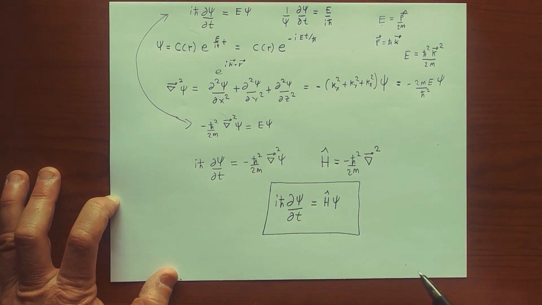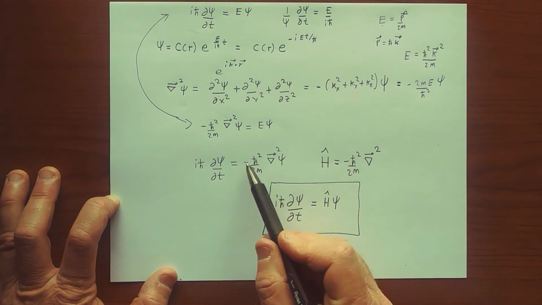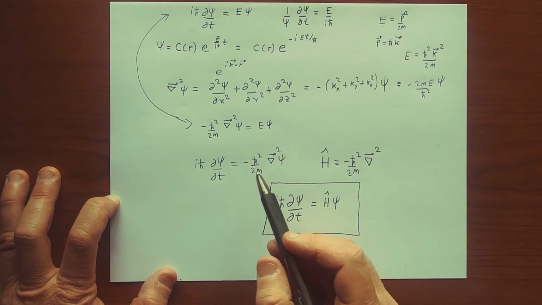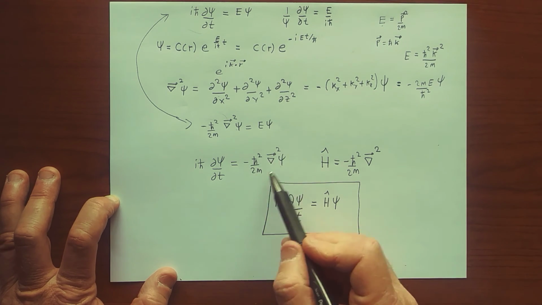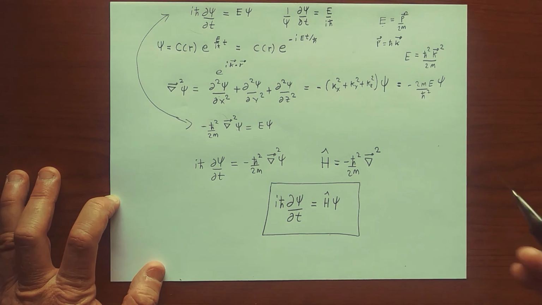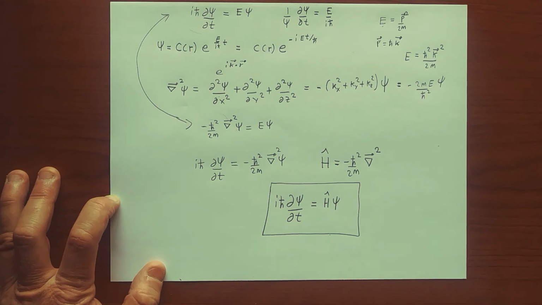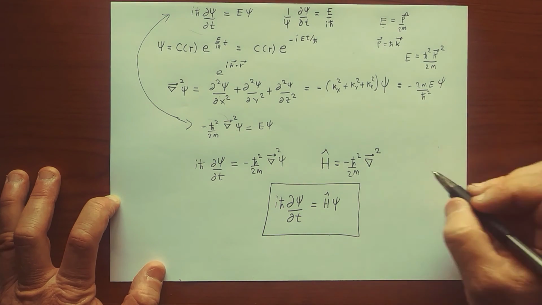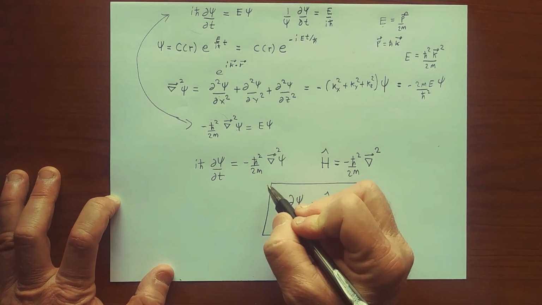And this is actually more general than this equation, because this equation only has a kinetic part, right? A p squared over 2m part. We can generalize the H operator to a kinetic plus a potential part, and the equation looks like this.